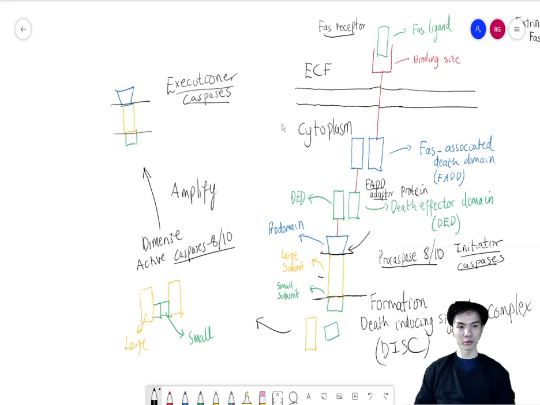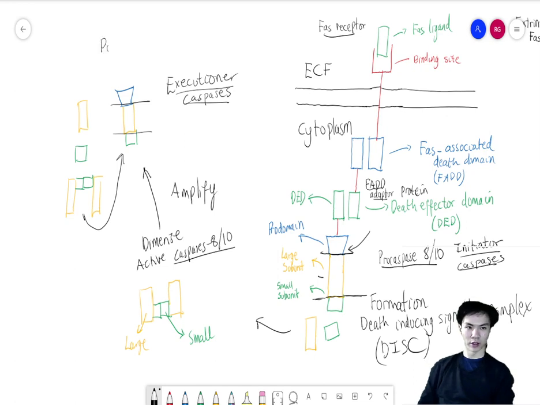So your active caspases will cleave these sites, free up more large and small subunits. They're going to form complexes, dimerize and form more active caspases. And then this cycle is going to repeat. So this active caspase can now cleave another inactive procaspase.